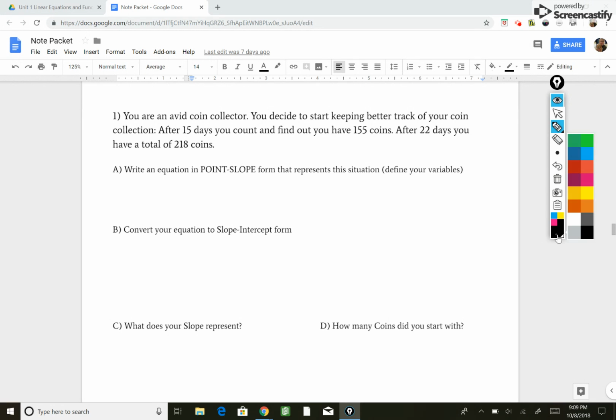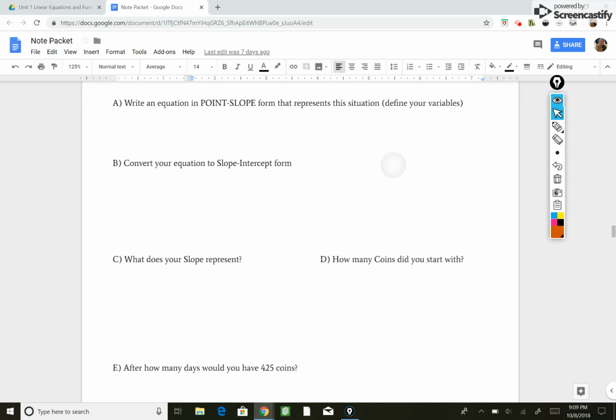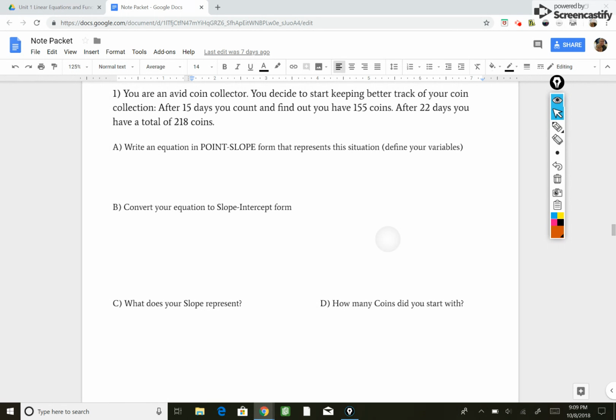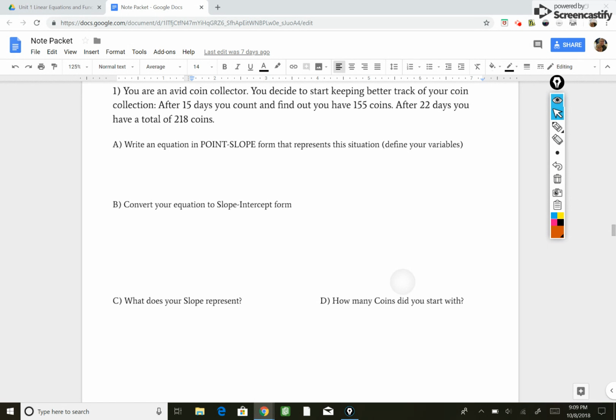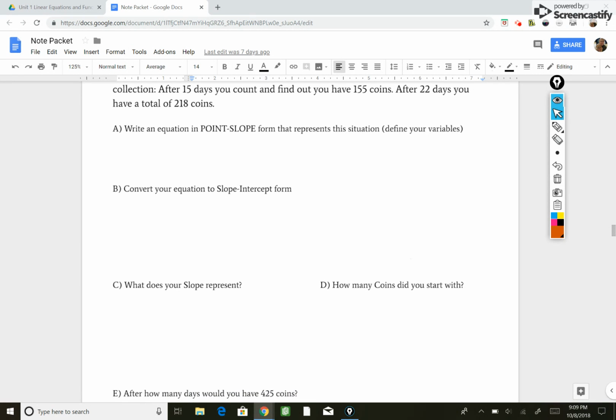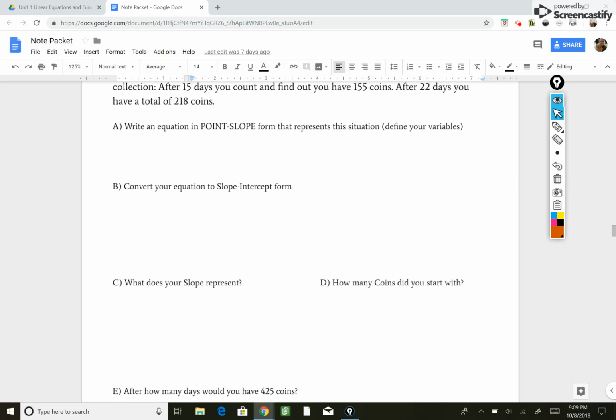So let's do some word problems. The first word problem is: you're a coin collector. You decide to keep track of how many coins you collect. After 15 days, you have 155, and after 22 days, you have a total of 218.